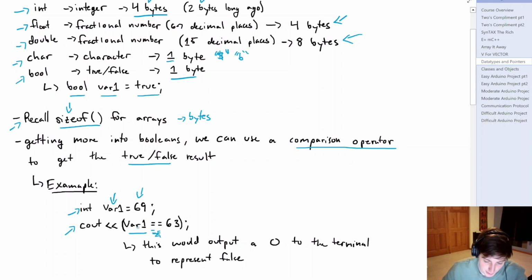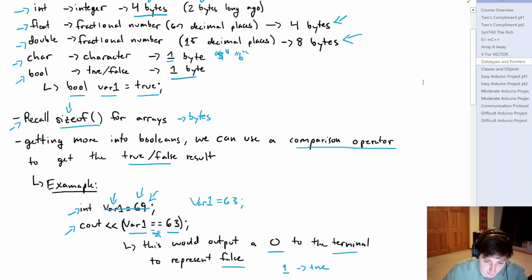It's going to be comparing variable 1 up here to 63. And because the comparison would not be correct, this would output a 0 to the terminal, and that would represent a false. If we changed variable 1 to equal 63, and we ran this, then you would get a 1, and that would represent a true.